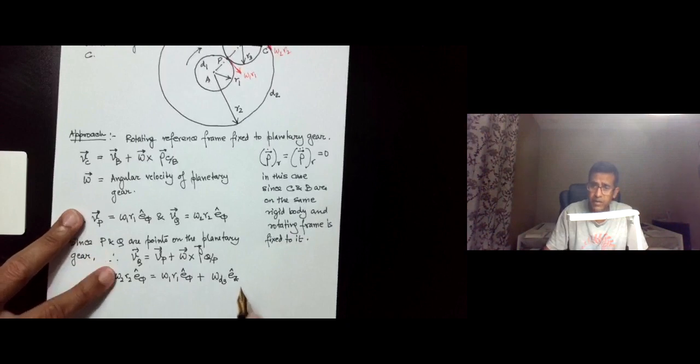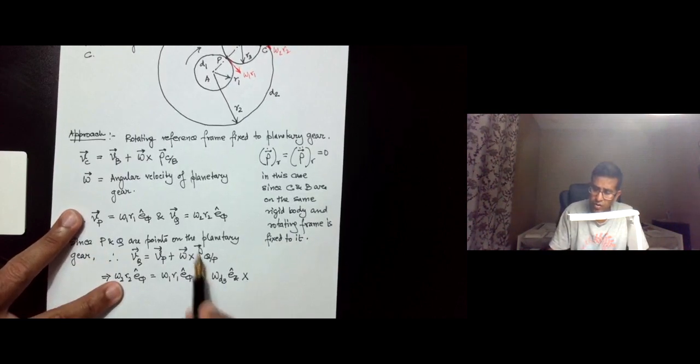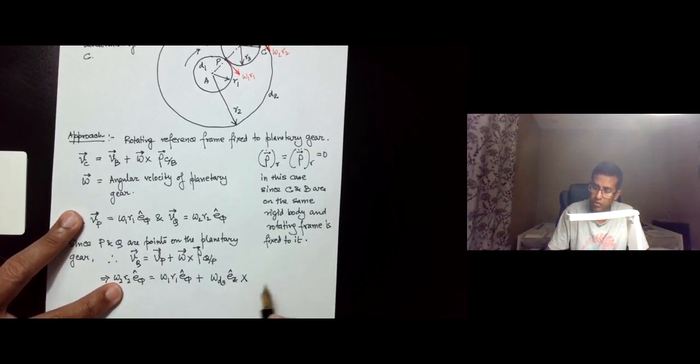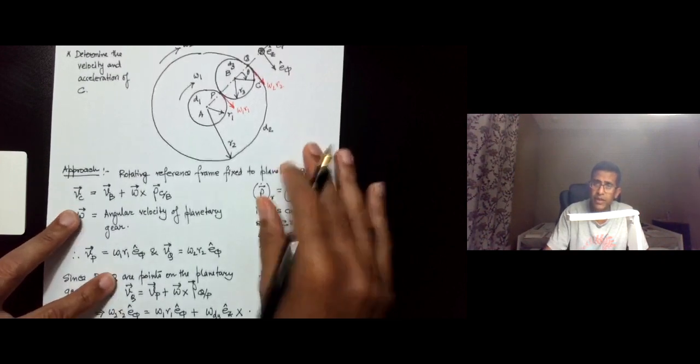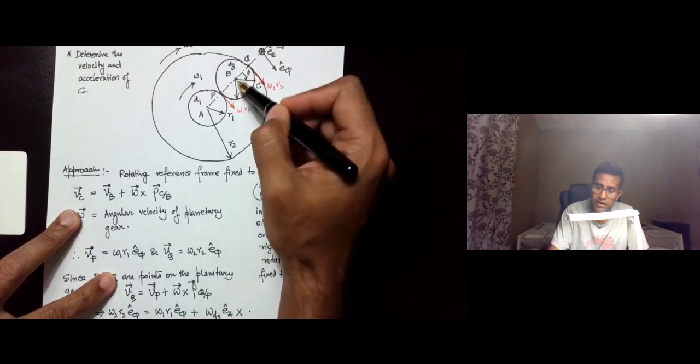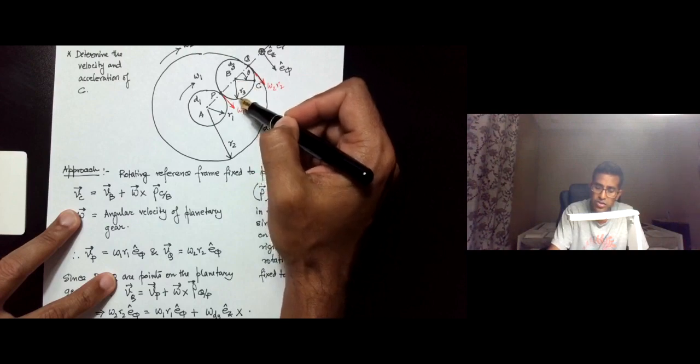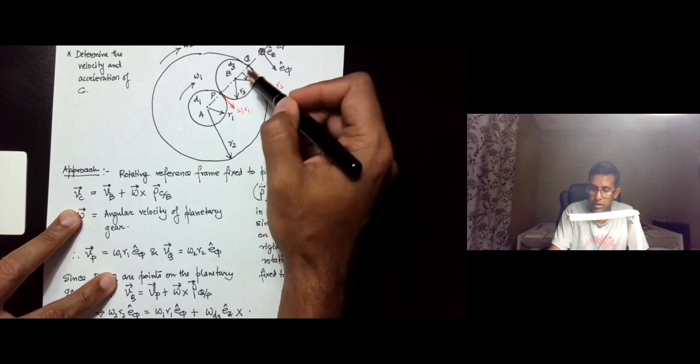And this cross rho q with respect to p. Now rho q with respect to p is, given the radius of the planetary gear as r3, going to have a magnitude of 2r3, and it is in the direction er.